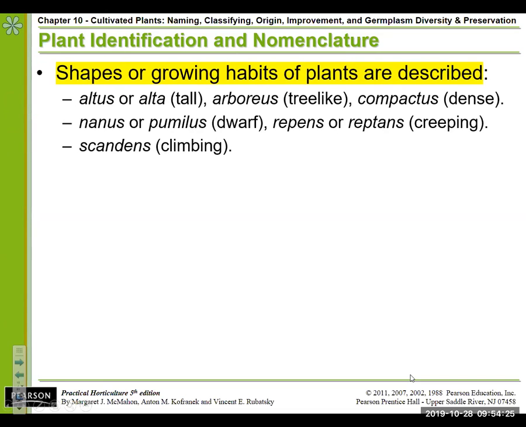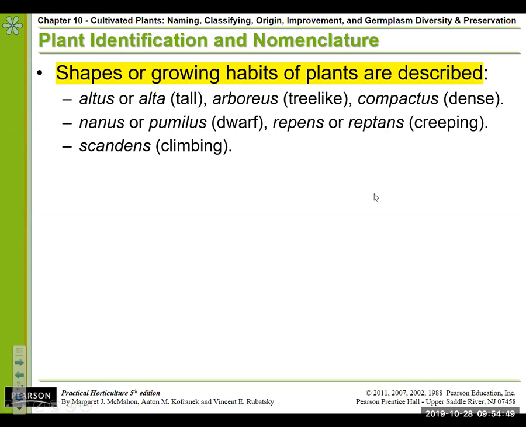We also look at the shapes or growing habits of the plants. So we look at words like altus or alta being tall, arboreus being tree-like, compactus being dense and compact, nanus or pumilus meaning dwarf, repens or reptans being creeping, scandens being climbing.